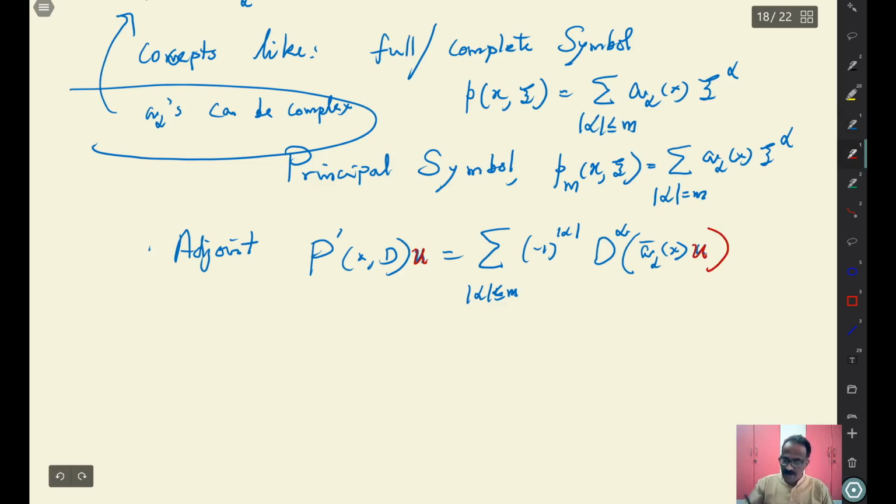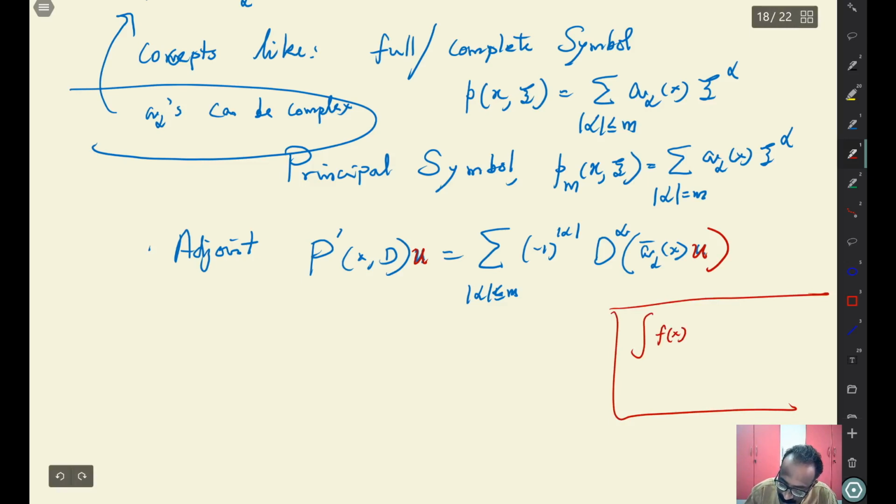That's natural, right? When you do an integration by parts, for example, when you have something like f(x) d by dx_i of some other phi, then it will go like this: you will have something like d by dx_i of f phi.